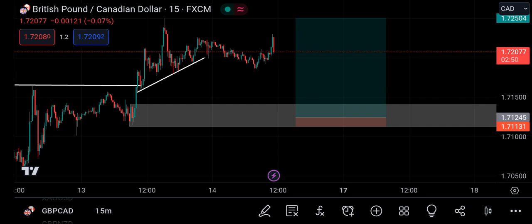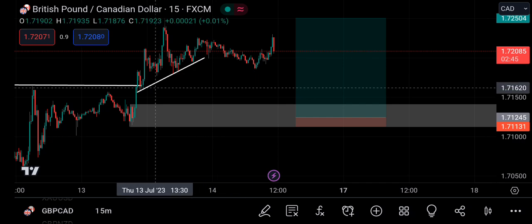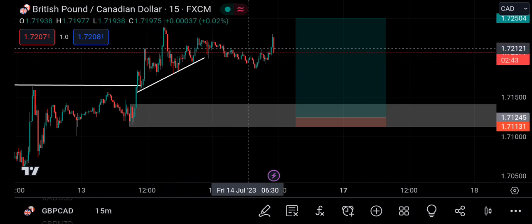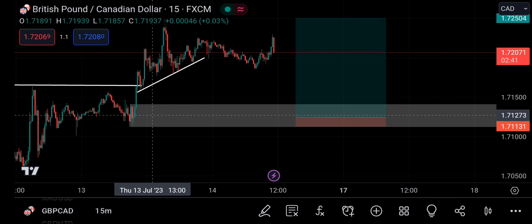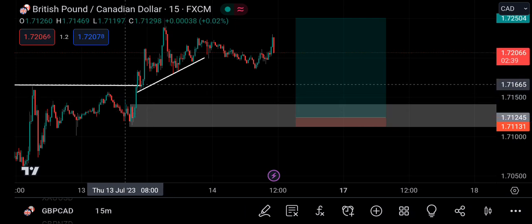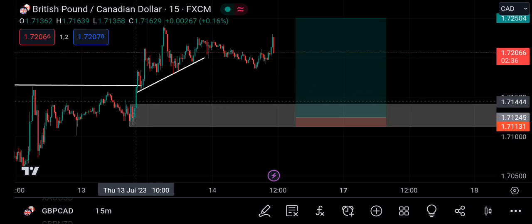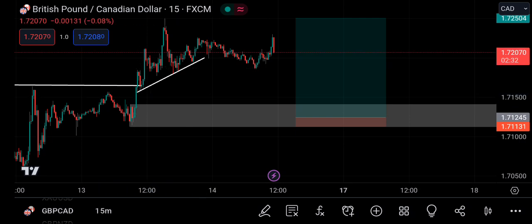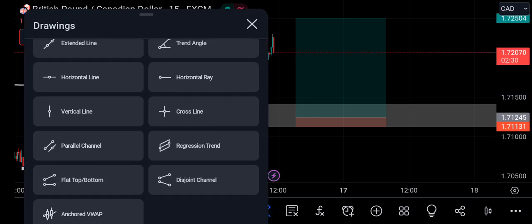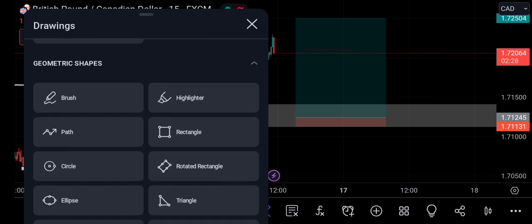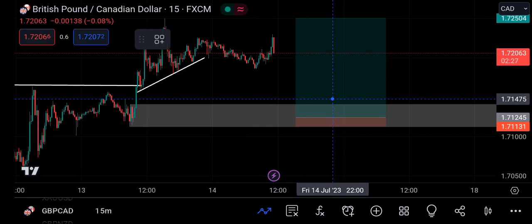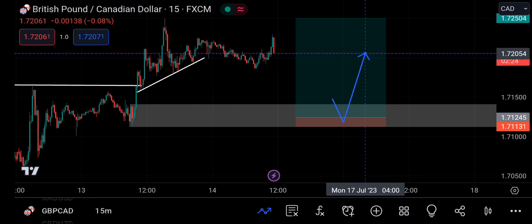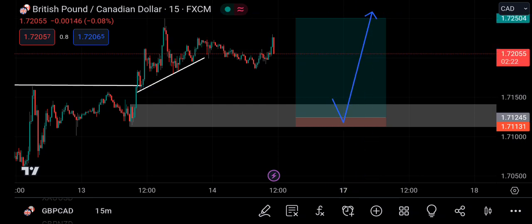In order to attach myself into long positions, I saw this liquidity resting beneath this break of structure, and also I saw this order block resting underneath the order block, which has liquidity above. Therefore, I'm expecting pound Canadian dollar to push back into this area of interest and start pushing higher and hit take profit.